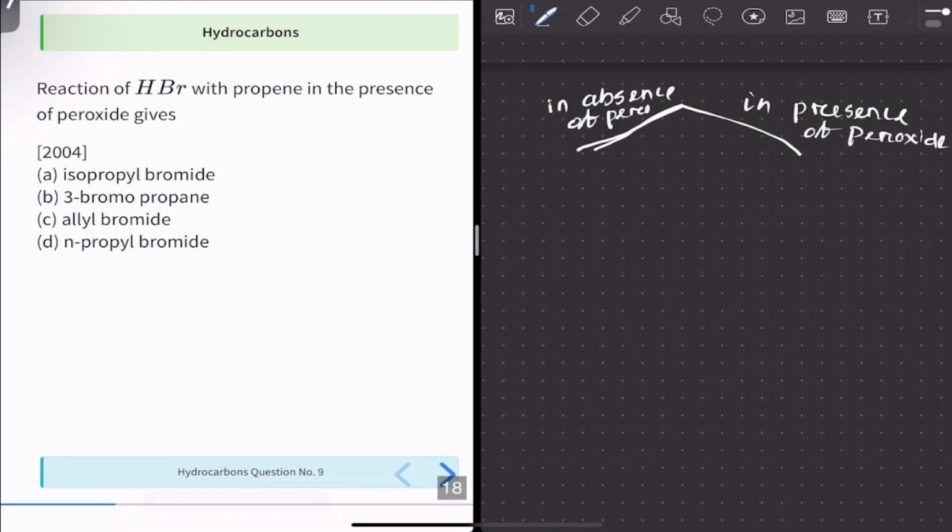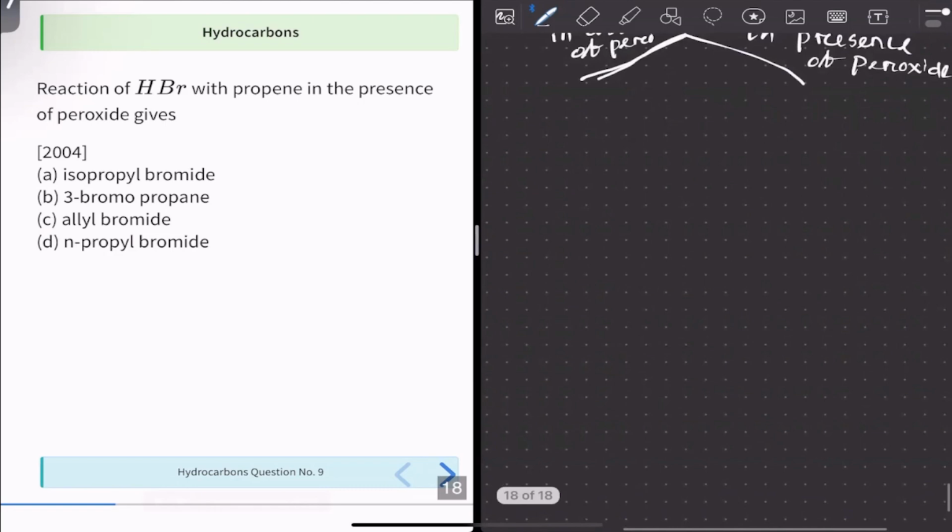In absence of peroxide, if we take propene, here is the propene. HBr will be converted into H plus and Br minus. This H plus will attack the alkene in a way that the carbocation formed will be more stable.